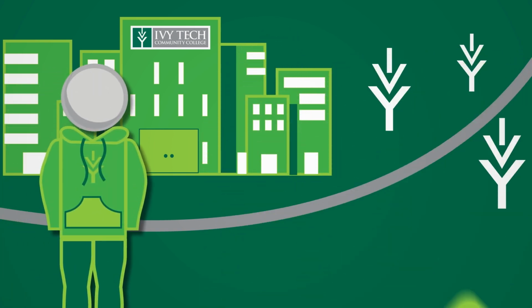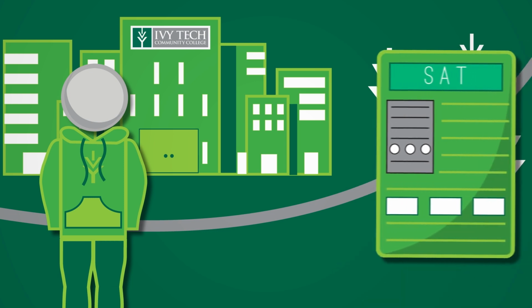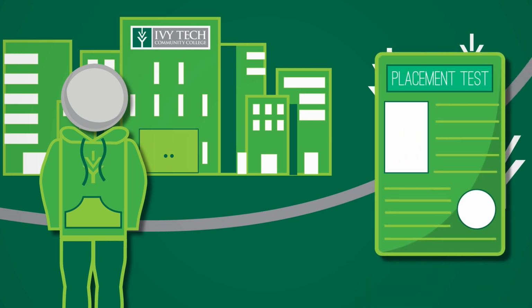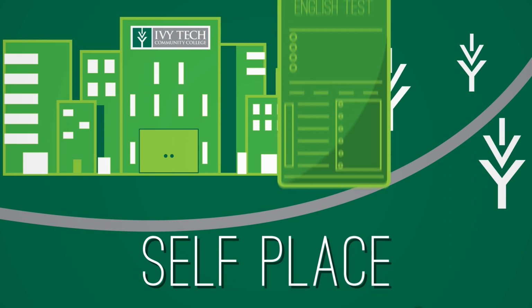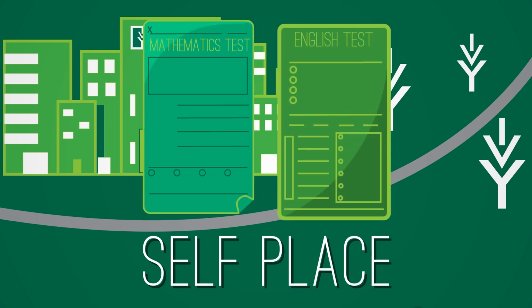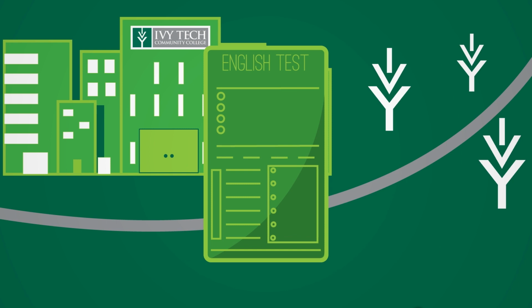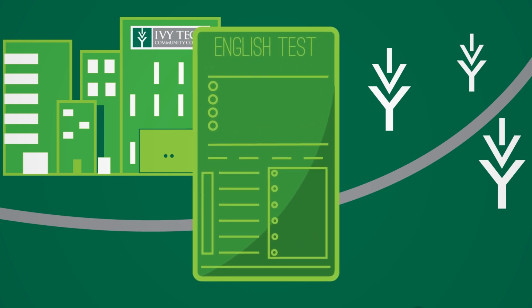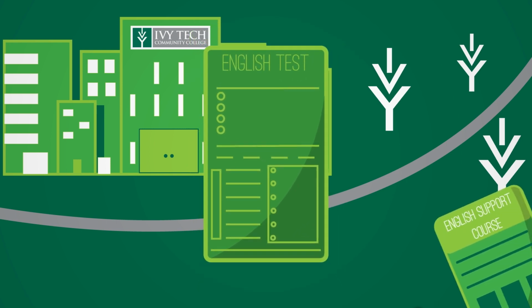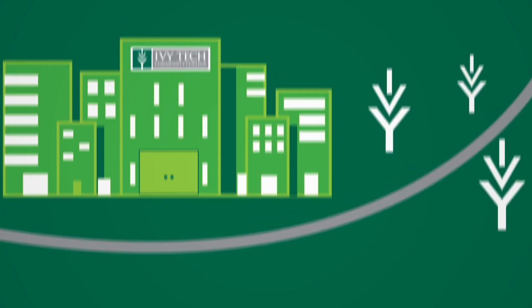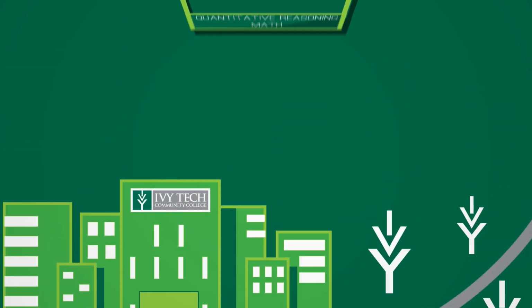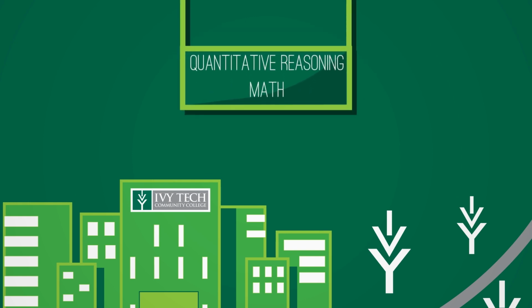If you don't have scores in any of these methods and you don't want to take a placement test, you can choose to self-place into an English or math co-requisite course. That means that you take the 100 level English course along with a support course that will help you succeed in the higher course. The same is true if your major requires quantitative reasoning math.